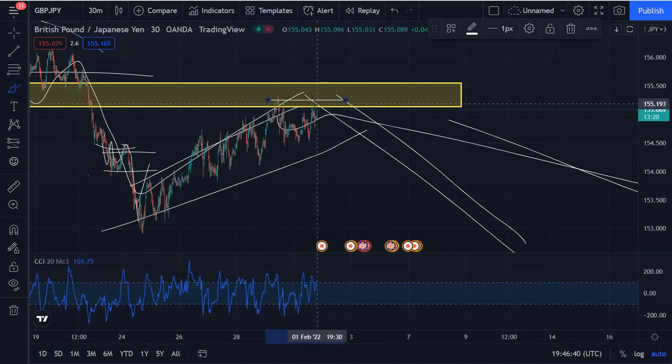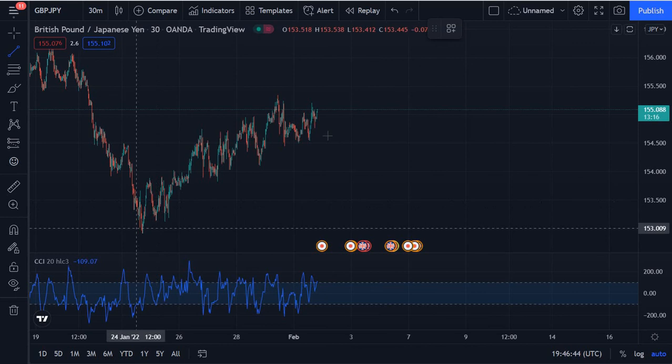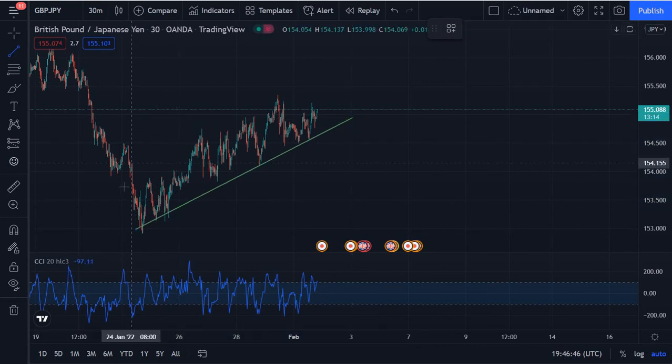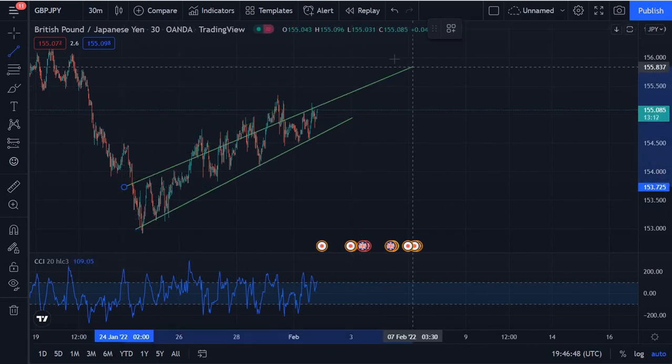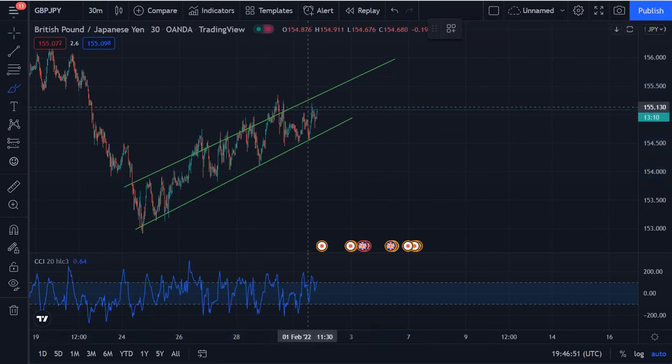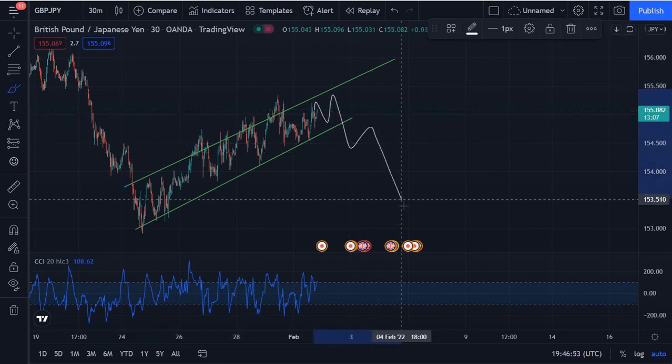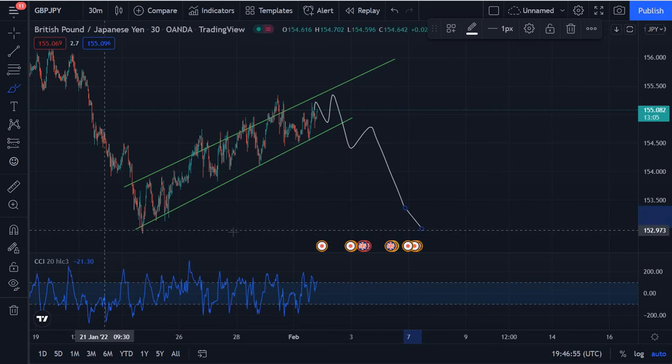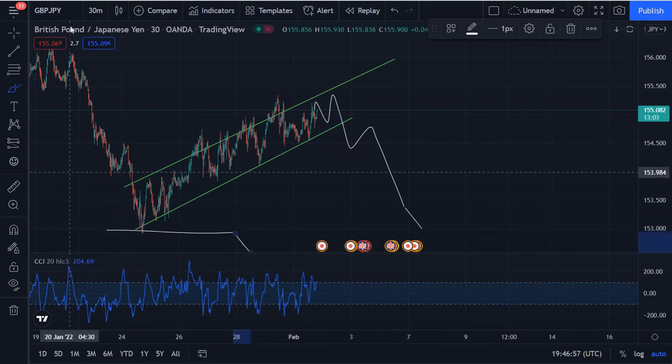So could be a double top being formed. Here waiting for this structure to be broken, meaning falling out of this channel to the downside, and then going with the trend to here and even below this point.